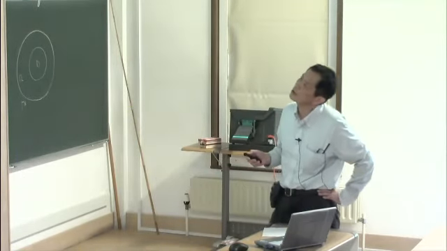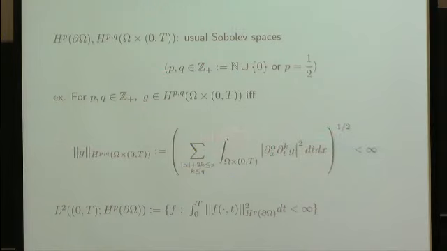Okay, for the function spaces, I use the usual notation for the usual Sobolev spaces. They are H^p, H^{p,q}. Let me explain, for instance, H^{p,q} of omega times the time interval (0, T). This is defined as follows.